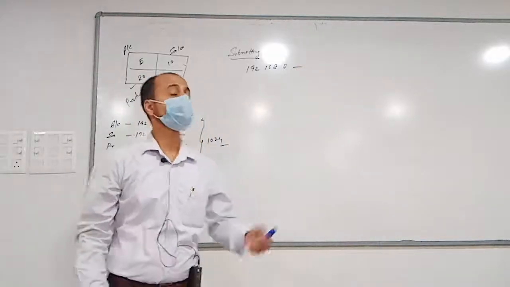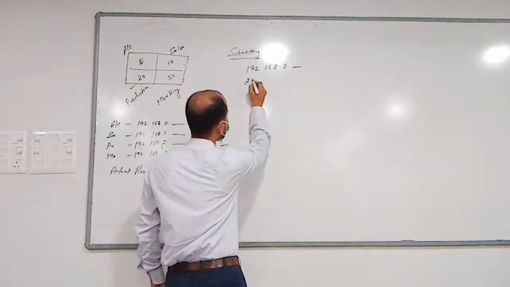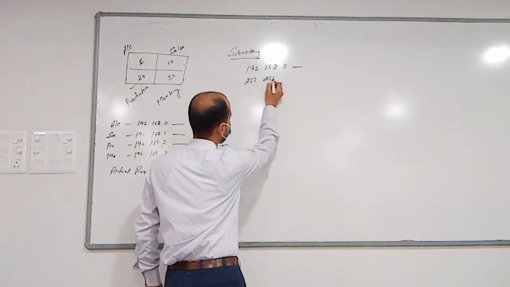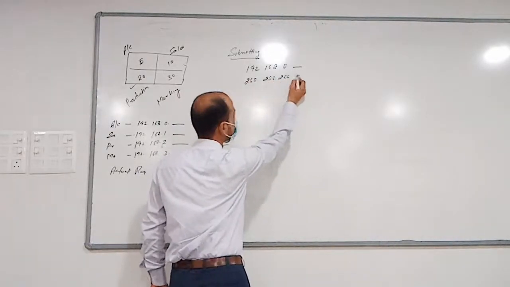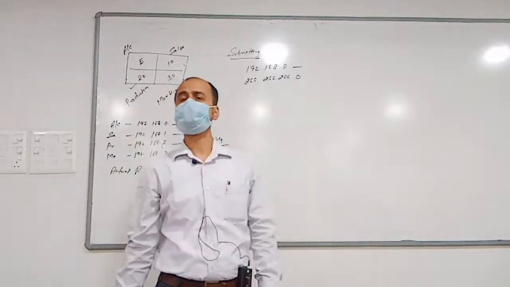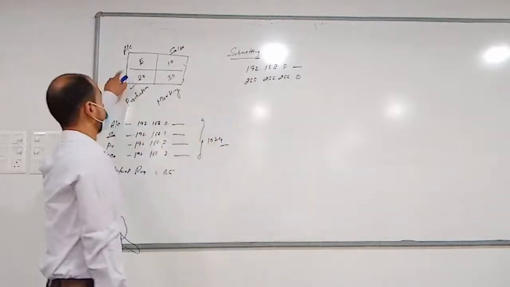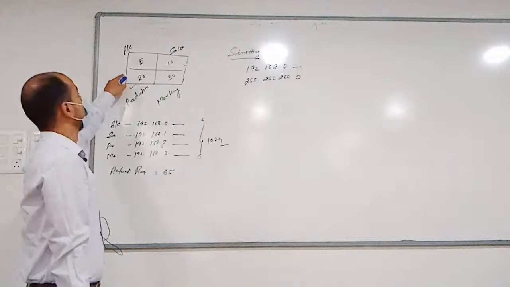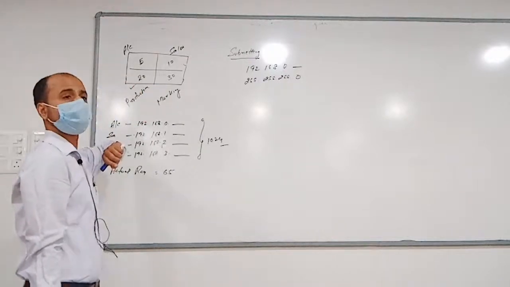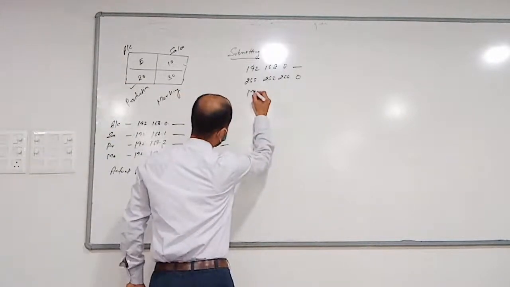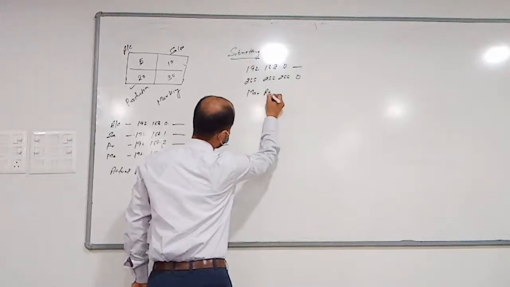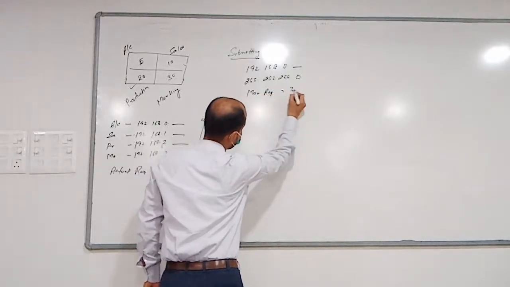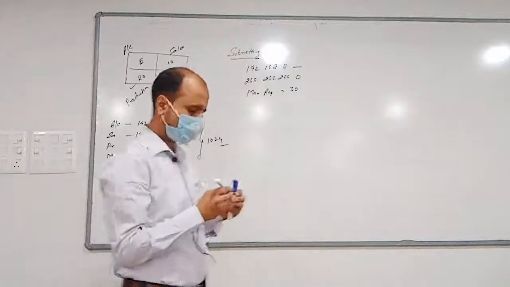Default series, default subnet mask 255.255.255.0. Fine? Now, look at this diagram. Maximum requirement is 30.